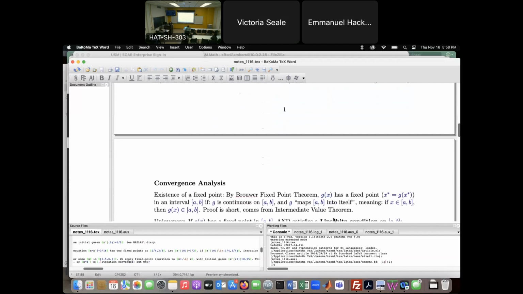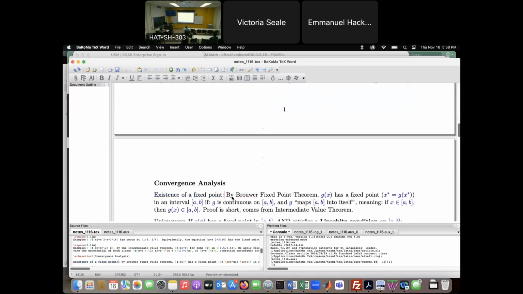So now we'll do some analysis. First, the question of existence of a fixed point. There's a theorem, the Brouwer fixed point theorem.